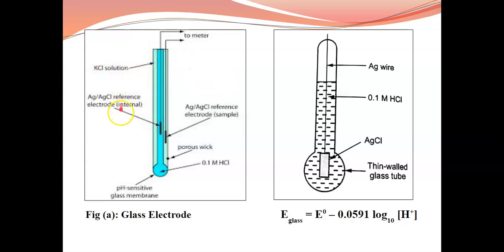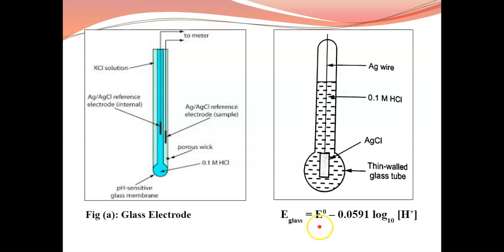Also here in the reference electrode, the solution used is KCl solution. This is the Ag/AgCl reference electrode of the sample, and this is the Ag/AgCl reference electrode of the internal, which is dipped in 0.1 molar HCl. Now this is the Nernst equation for glass electrode.